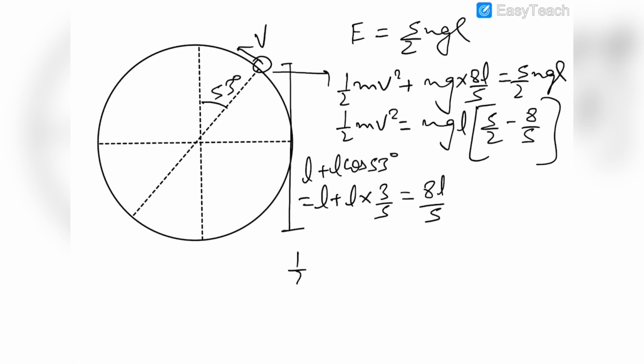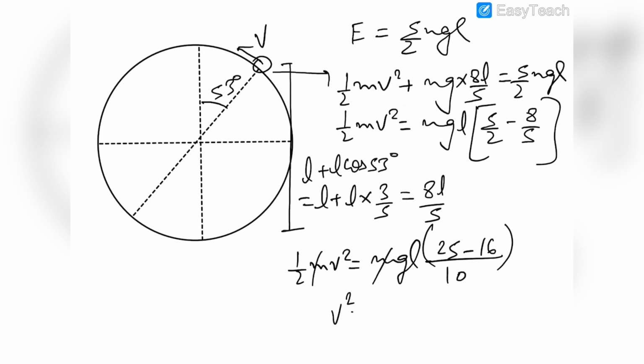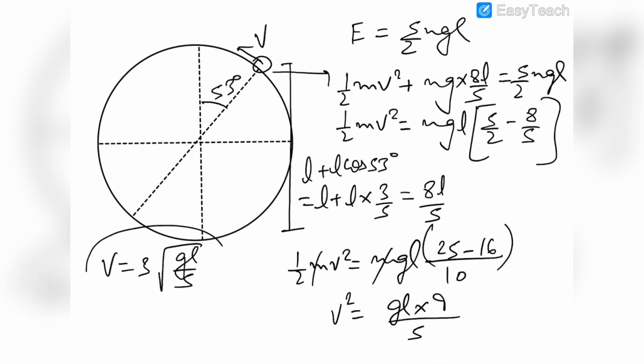So half mv square will be equal to mgl, and the LCM is 10, and it is 25 minus 16, and cancelling m with m, v square is equal to gl into 9 divided by 5. So v will be equal to 3 under root gl by 5. This is v at this position.